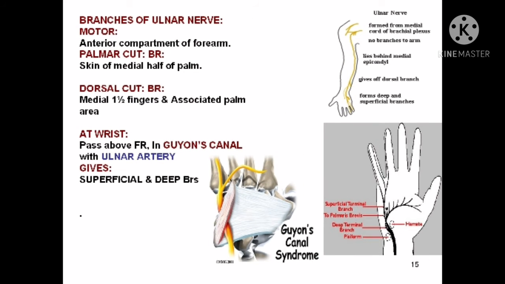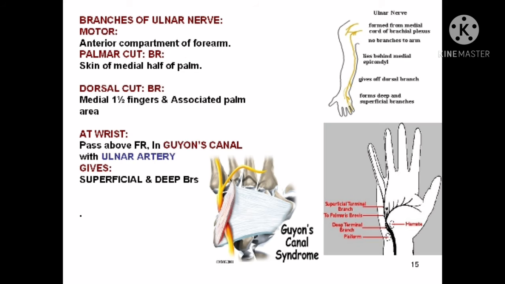Branches of the ulnar nerve. Motor branches in the anterior compartment of the forearm supply the flexor carpi ulnaris and the medial half of the flexor digitorum profundus. The palmar cutaneous branch supplies the skin of the medial half of the palm.